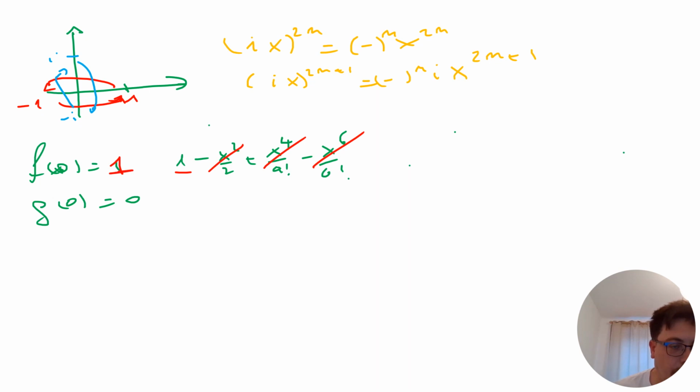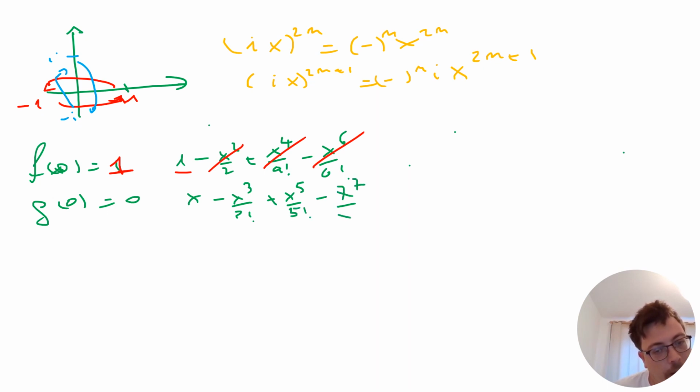So f of 0 is 1. If we do the same with g of x, which is the odd power series, basically x, then x cubed over 3 factorial, then x to the 5 and then x to the 7 over 7 factorial, and we plug x equal to 0, we get all zeros, so g is 0.